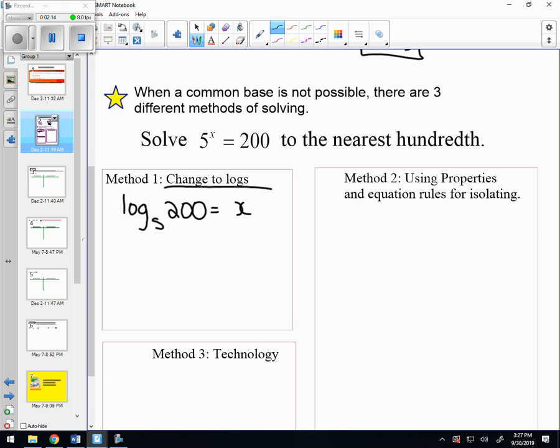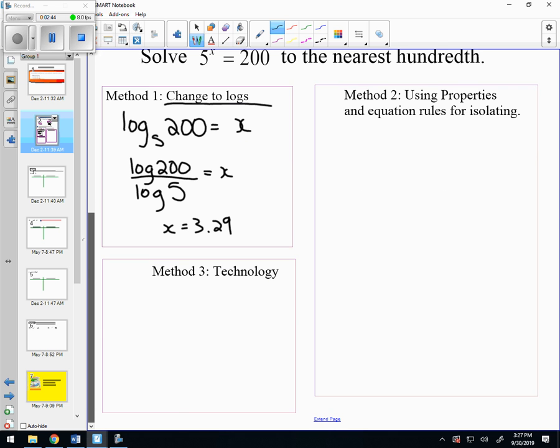The log kicks the 5 over, which pushes up the x, and make sure you have what you started with. So now we have essentially log base 5 of 200 equals x. So remember to type that in on our calculator. We take log of 200 and then divide it by log of 5. And that'll equal x. So x equals 3.29 rounded.